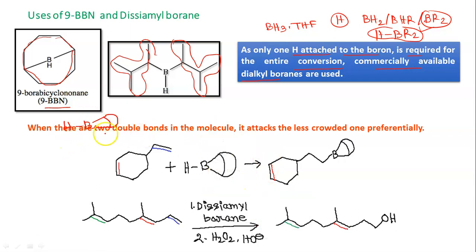When there are two double bonds in the molecule, it attacks the less crowded one preferentially. Here, the red double bond and the blue double bond: the blue one is less crowded.